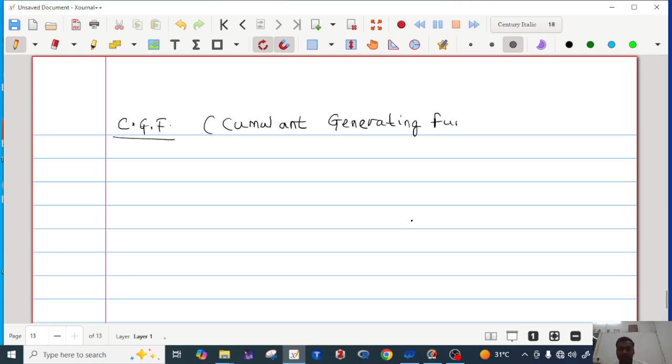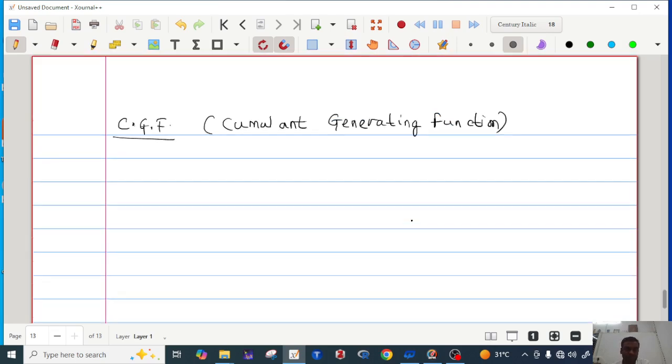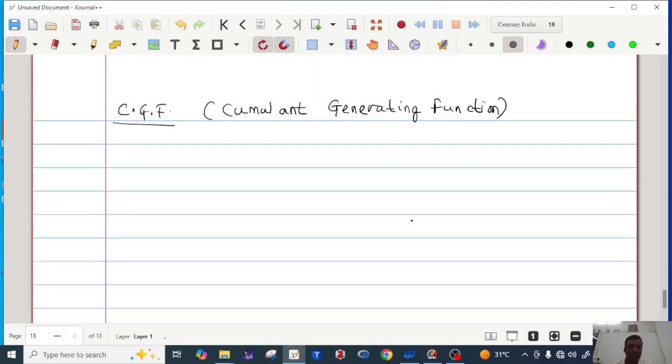Again, the purpose is that with this function we generate the cumulants. There is a relation of these cumulants with central moments. So once you get the cumulants, you will get central moments. With the help of central moments, you can find the coefficients of skewness and kurtosis. That's why you can interpret the nature of the distribution.